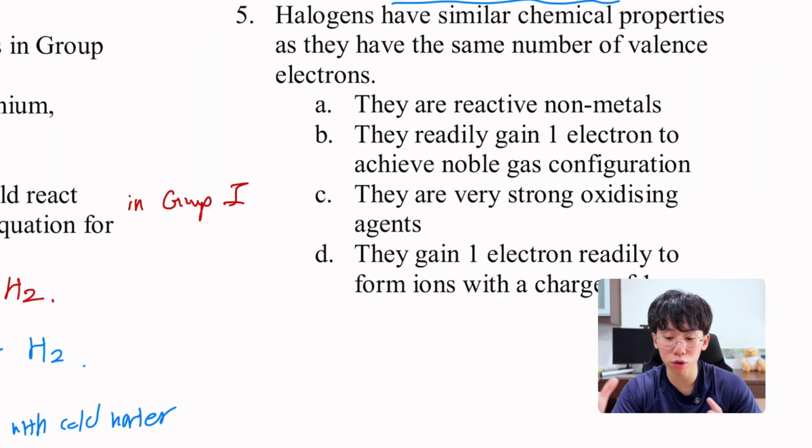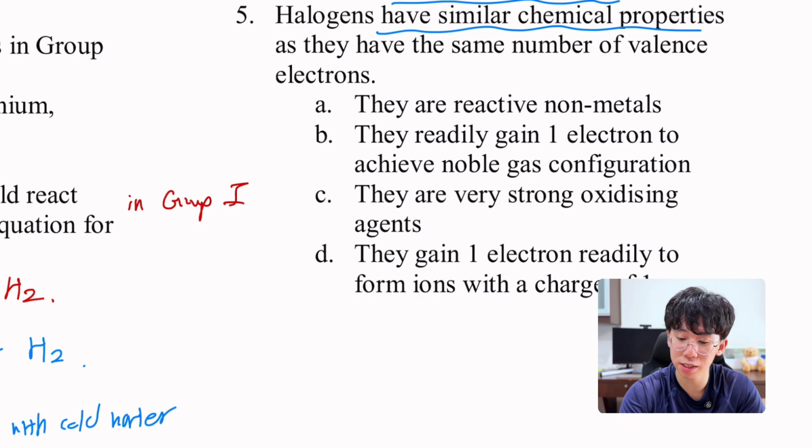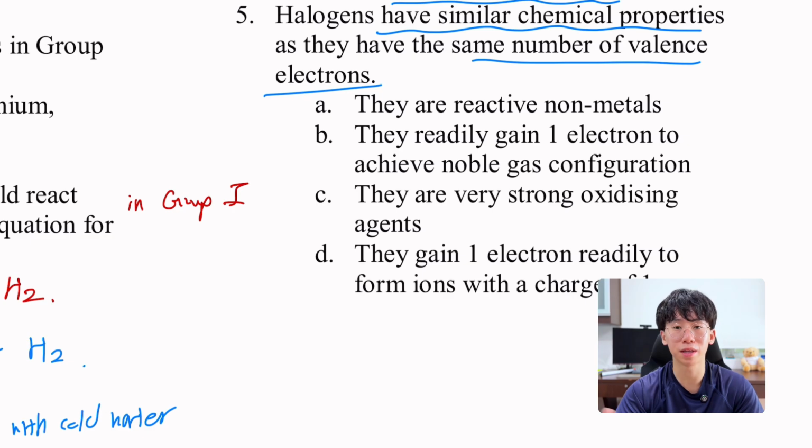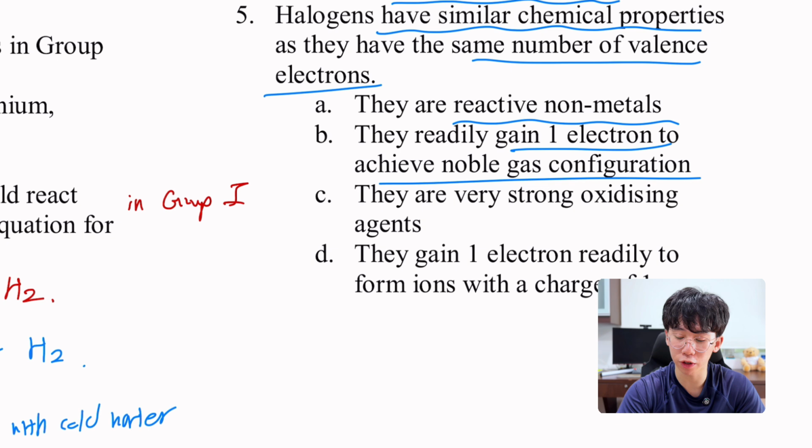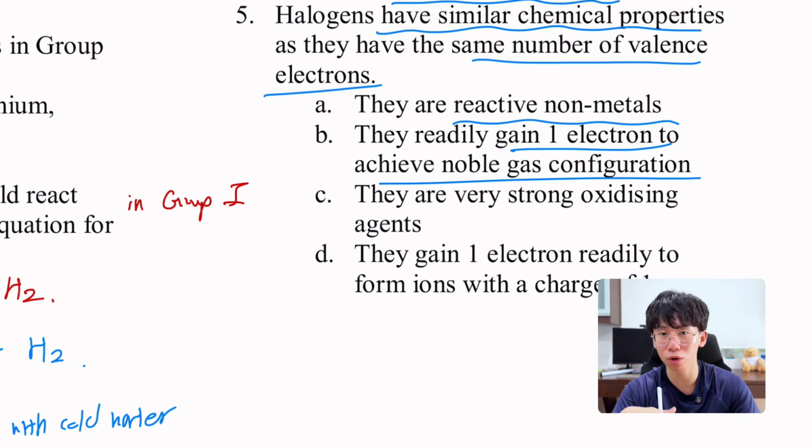Your halogens also tend to have similar chemical properties because this is tied to them having the same number of valence electrons. All of them have 7 valence electrons. So, number 1, they are very reactive nonmetals. Number 2, they readily gain 1 electron to achieve a noble gas configuration because they have 7 valence electrons and only need 1 more to get 8.